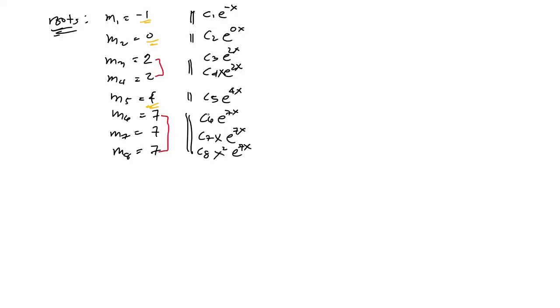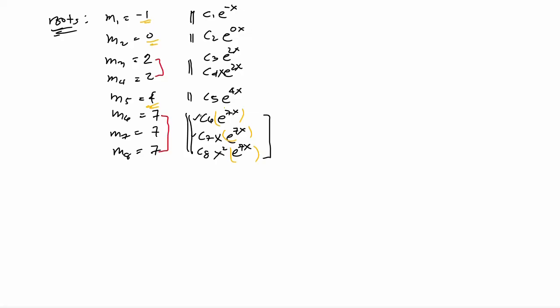Okay, so from the first root that appears, we have no x but e raised to 7x, and repeated once, we have x e to the 7x, and the third time, we have x squared e to the 7x. Or we can simplify this further. Since the common factor of the three terms is e to the 7x, we can factor this out.